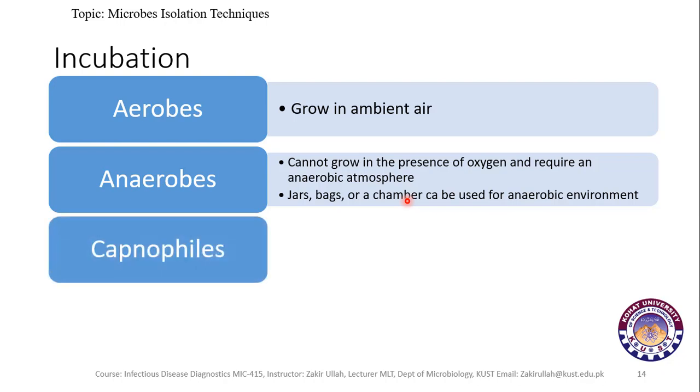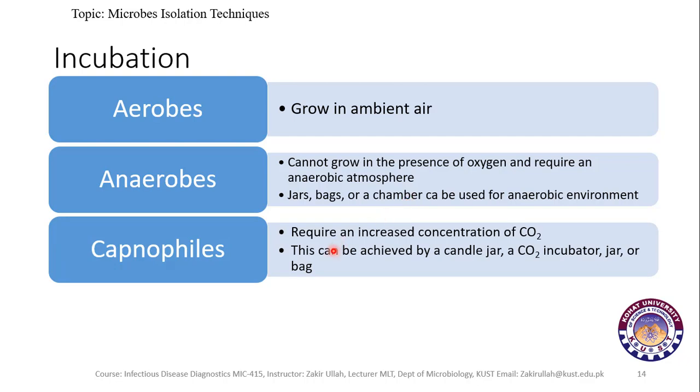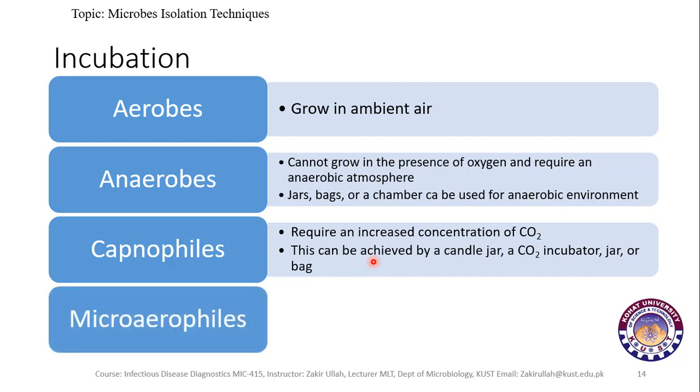The third type of microbes, the capnophiles, require an increased concentration of carbon dioxide, but the concentration of oxygen is normal, and this excess carbon dioxide is provided by using a candle jar, a carbon dioxide incubator, or a bag having carbon dioxide.